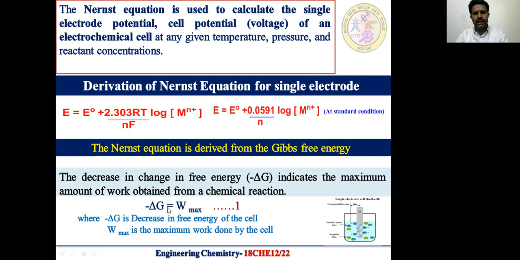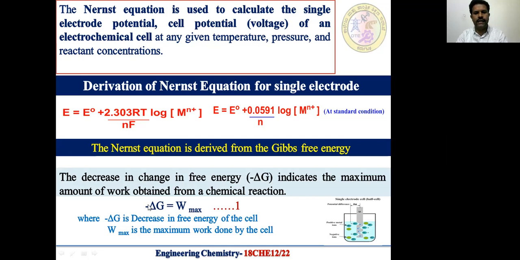So that can be written as the decrease in free energy change, minus delta G, is equal to the maximum work done by the cell, W maximum. Equation number 1, where minus delta G is the decrease in free energy of the cell.